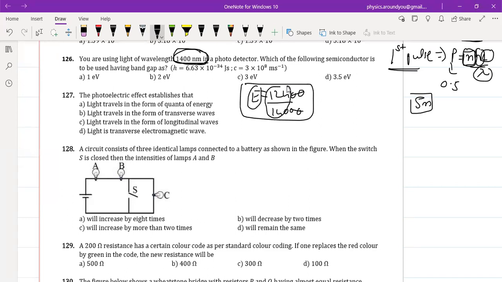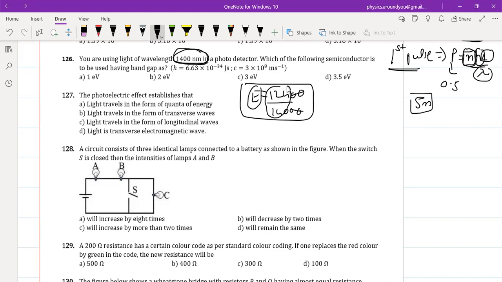How are the 4 options related to this? Only that light which has around the same eV value will work for this. That's how you can establish question number 126.